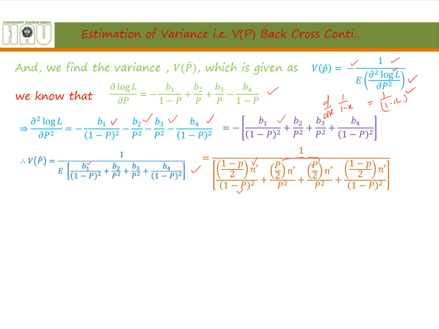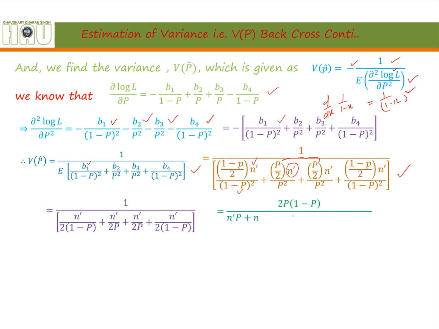These two are the recombinant types. Their proportion is this, and if I multiply this, ultimately I will get this. So if you simplify this, you will get this expression.